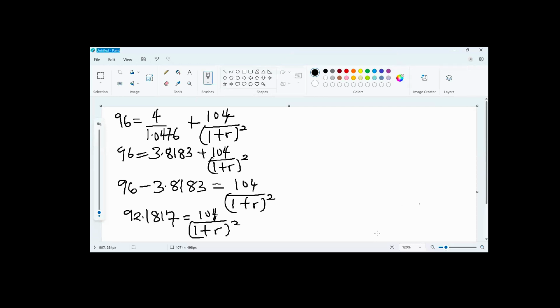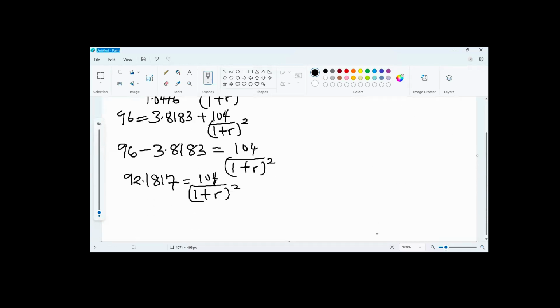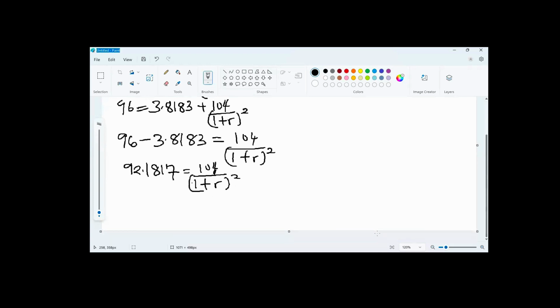Please cross multiply. That gives 92.1817 bracket 1 plus r raised to power 2 is equal to 104.